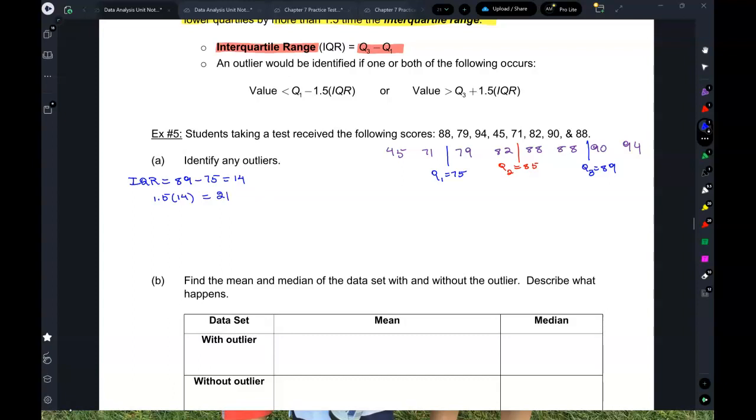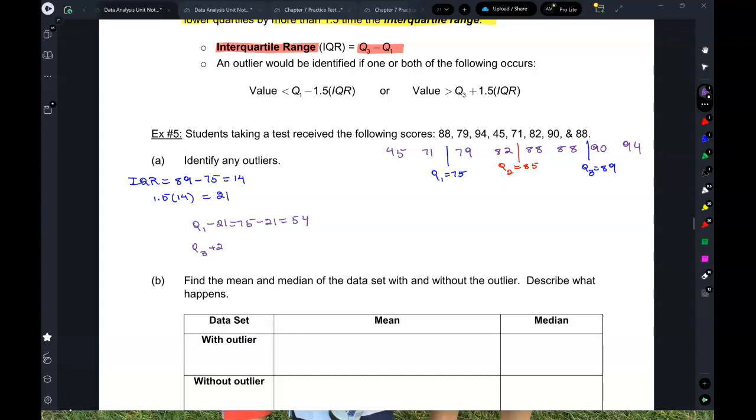Now, this is the magic number, 21. If I have a score 21 less than the 75, then that's an outlier. If I have a score 21 more than the 89, then that's an outlier. So Q1 minus 21 is 75 minus 21, which is 54.